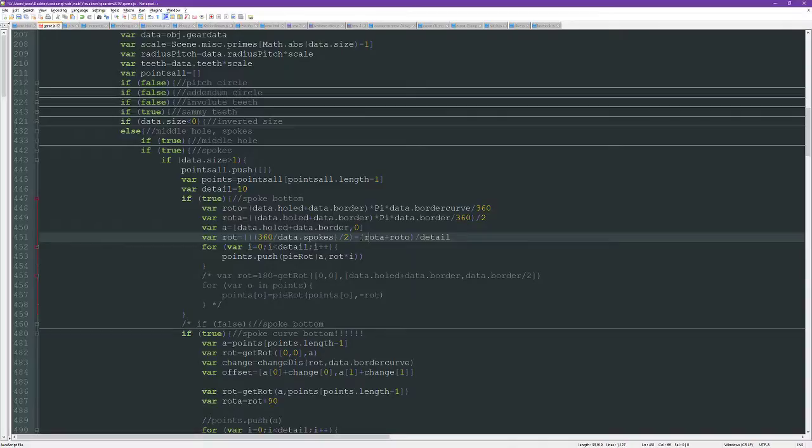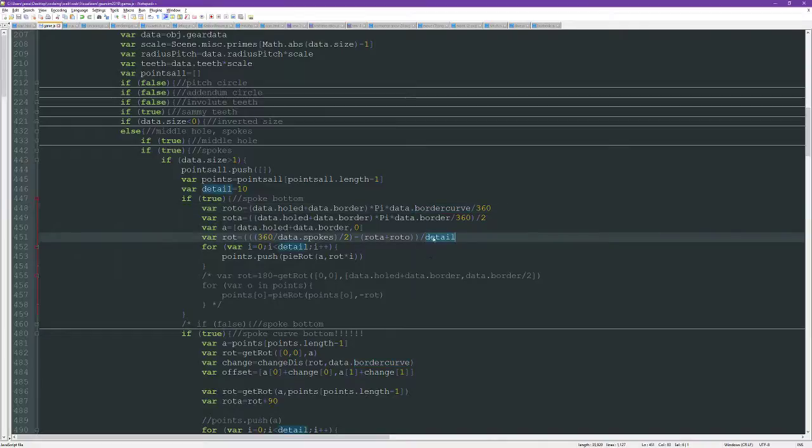So that should be minus that plus that. We only want half the border thickness, so we're dividing it by 2, where we want the full diameter, radius of the border curve. Okay. So that should be that.